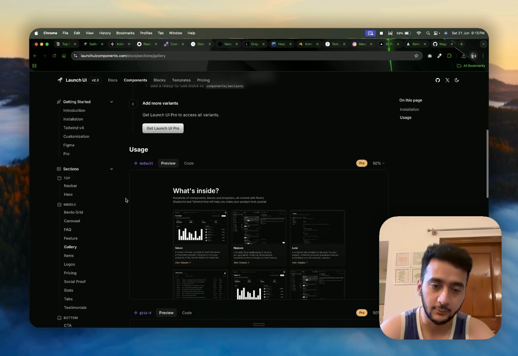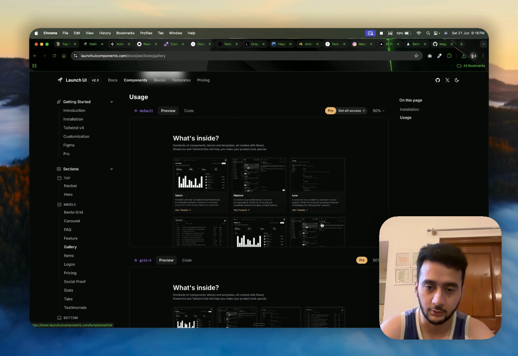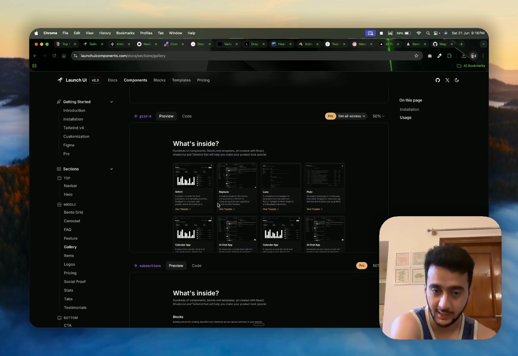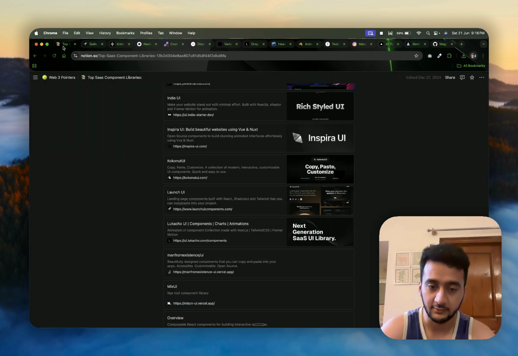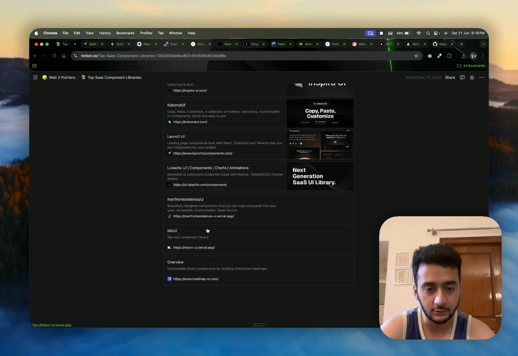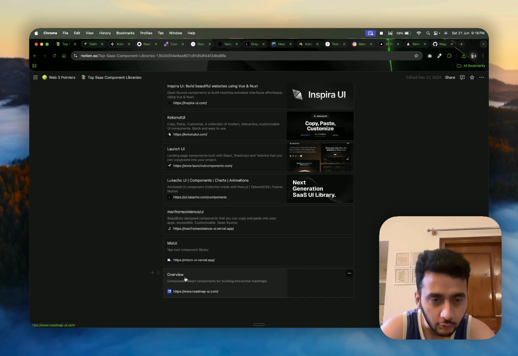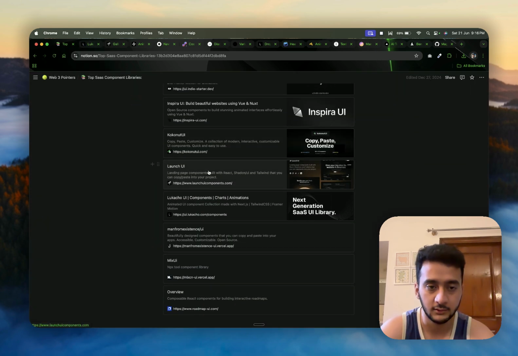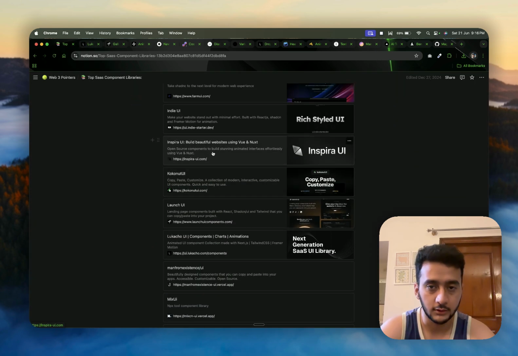I think I mostly love the bento only, but they also have some good components. Although a lot of these components again depend on the images attached working very greatly with them. Other than that, I think Inspira was good. I think these two were not that. Overview, roadmap UI not much. Lacucho had some good components, but we went over this. Launch UI was good.